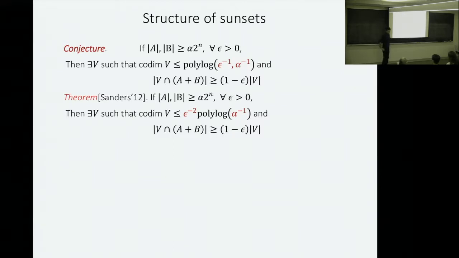What's the Nevo set? The Hamming ball? Sorry, what is this Nevo set? It's the Hamming ball of radius n over 2 minus a constant times square root n. The alpha is like 2 to the minus c squared. So if you add two of those together, I guess then it becomes like 99%.